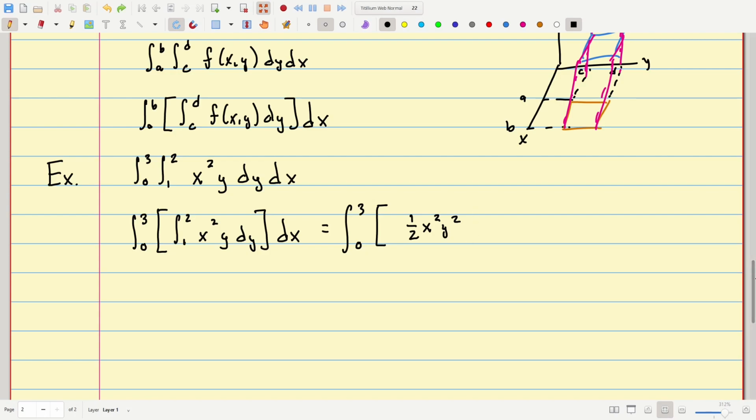And then we evaluate the definite integral for the values of y.